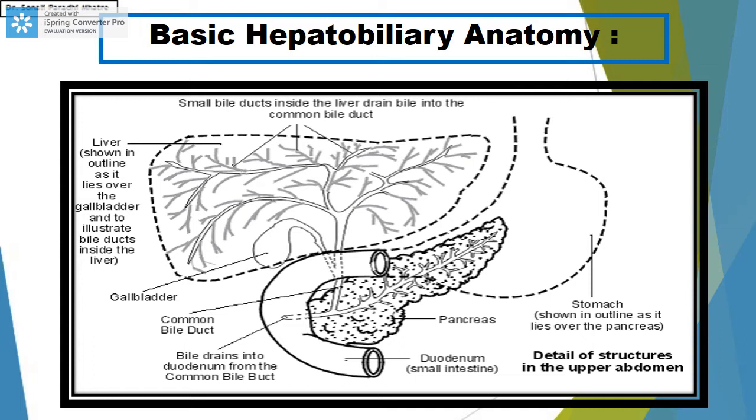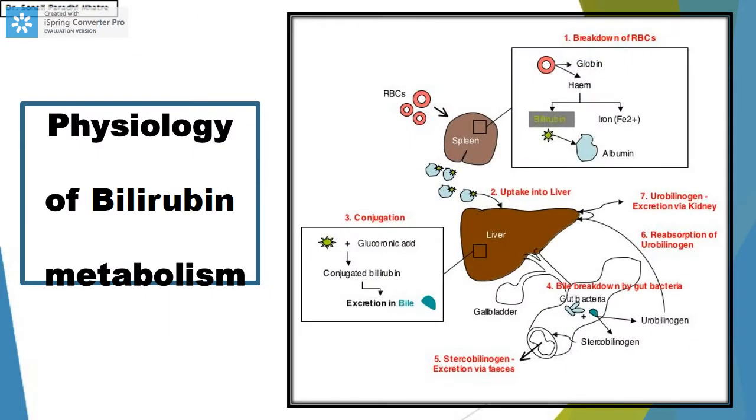Now how exactly is bilirubin metabolized? We will discuss now. The physiology of bilirubin metabolism starts from the breakdown of RBCs. As we can see, there is a globin and the heme moiety. The globin moiety is the protein part and the heme is the one which forms bilirubin.